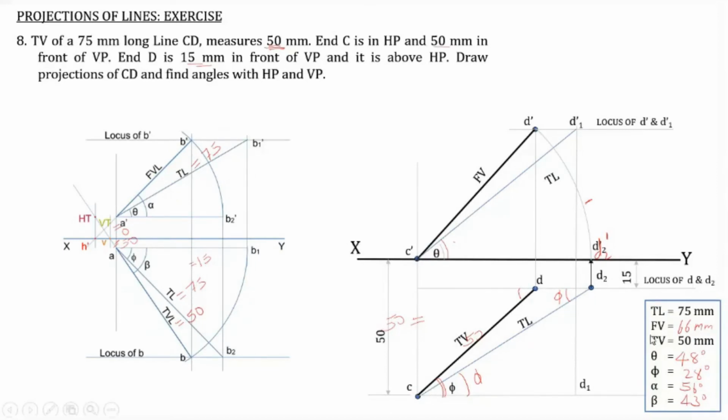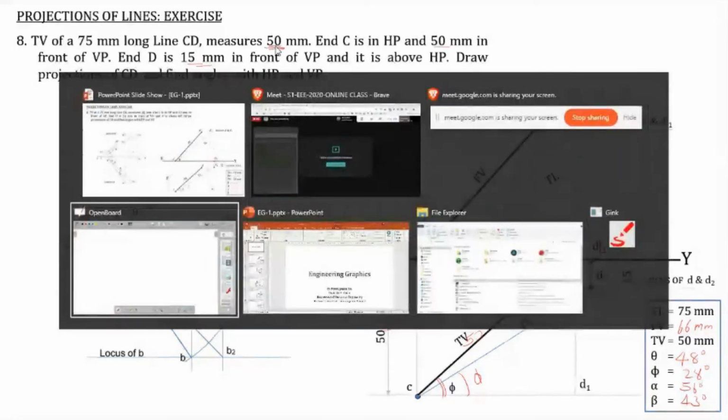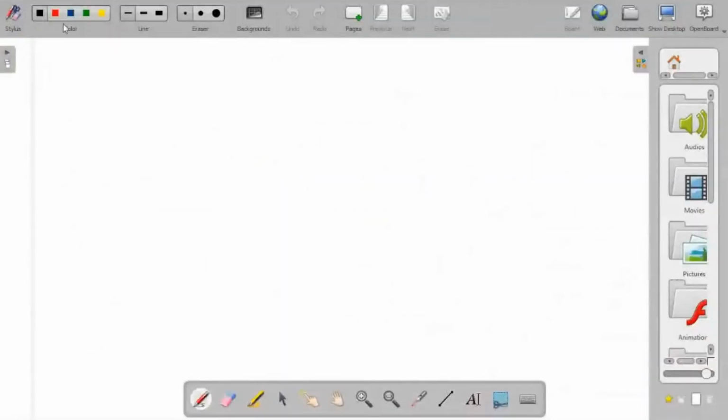So first let me remember all these values. The true length is 75 millimeter, the front top view length measures 50 millimeter, and the CA is in HP and 50 millimeter. So first let me insert.